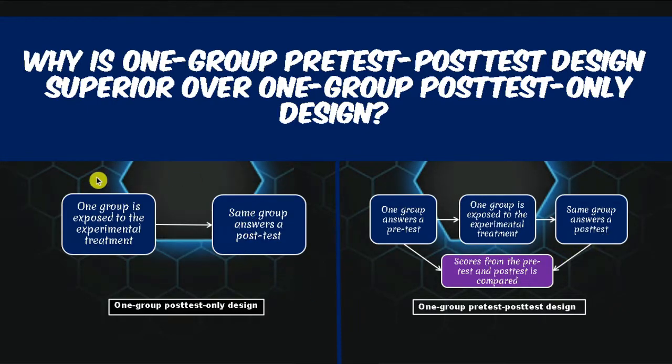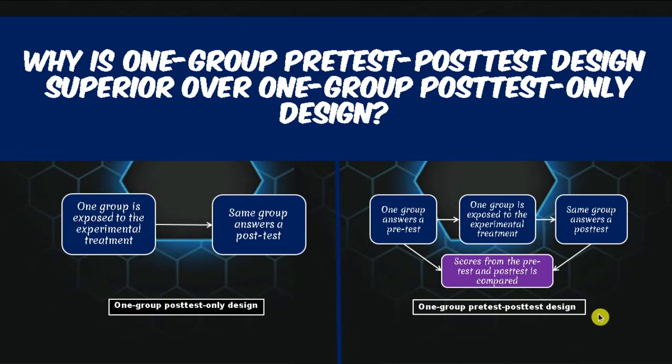measuring. The problem with this is we do not have an idea whether the intervention is the reason why we have that measurement, why we have those scores of students. In this design, at least we have an idea whether there is an increase or a decrease or an improvement with the muscles after being exposed to your treatment.